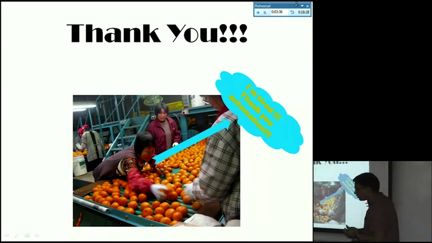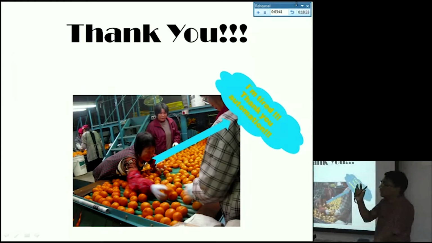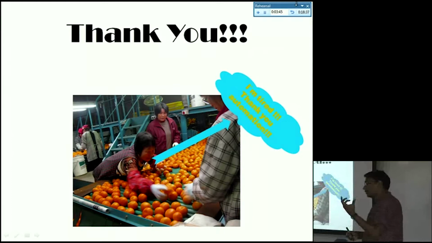As I mentioned before, citrus peel is composed of various types of fluorescent substances, especially heptamethoxyflavone. When the peel is injured and the juice comes out, and you excite it by UV light, you can see greenish or yellowish fluorescence.